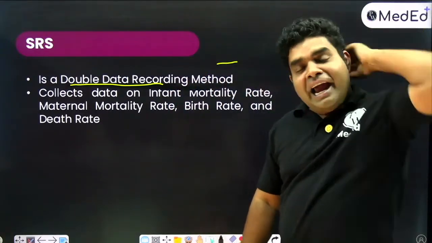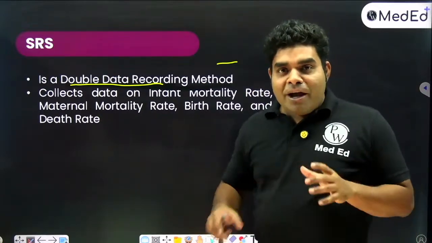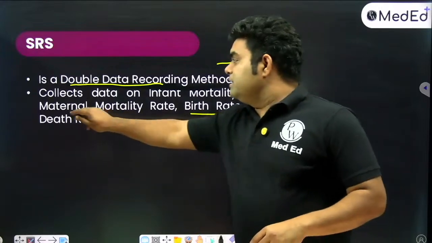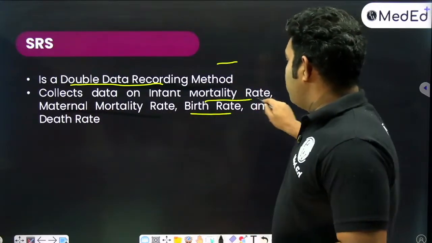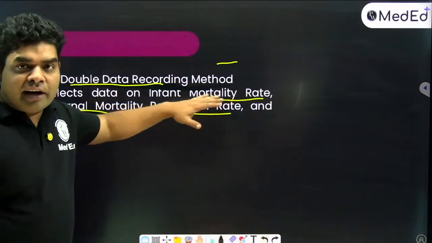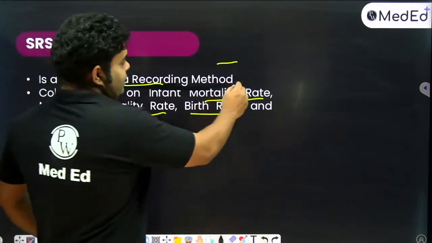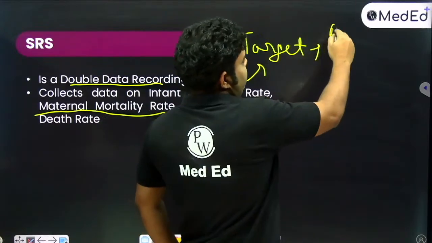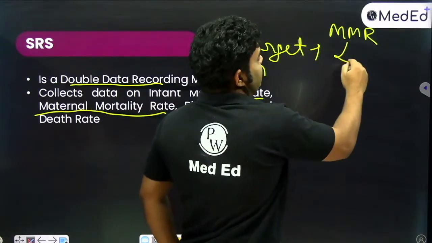And in SRS, we get data of IMR, MMR, birth rate, death rate. From this part, 2-3 questions have come. The first question is, what is the target of IMR, MMR for India? The target MMR for India is less than 70 per lakh.